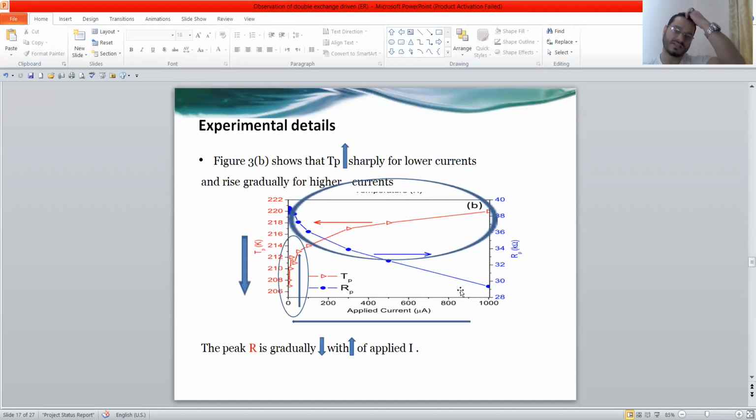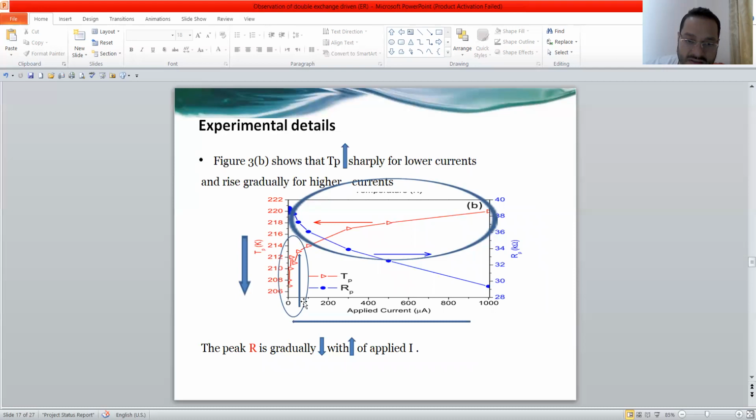Now, let's talk about that. Figure 3b shows the peak temperature increasing sharply, but when and where? For lower currents here, starting from 0 microampere until, we can say, less than or approximately 50 microampere.